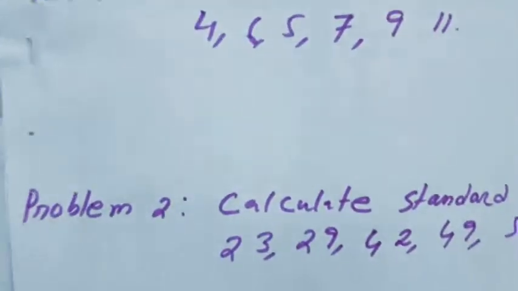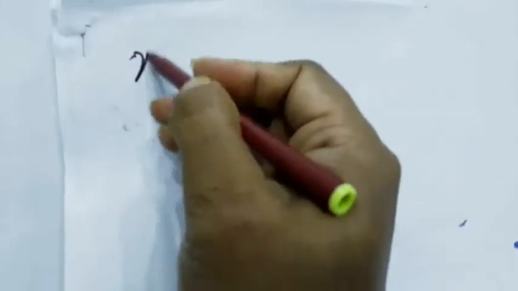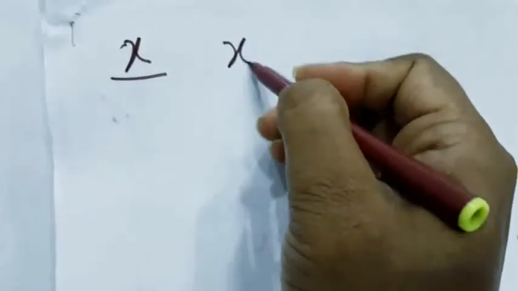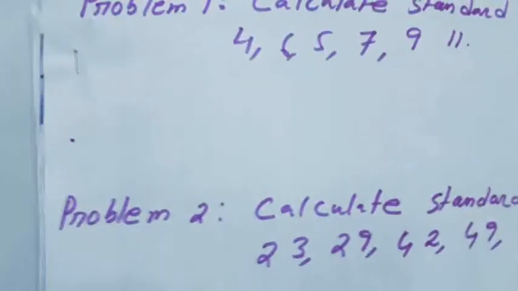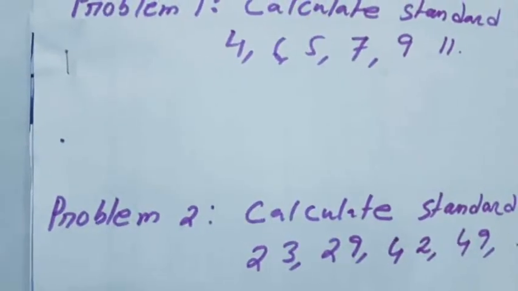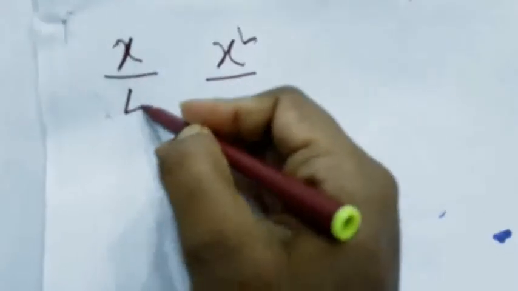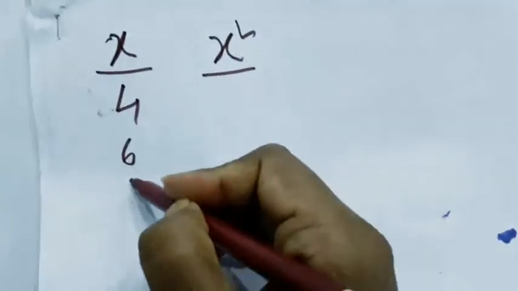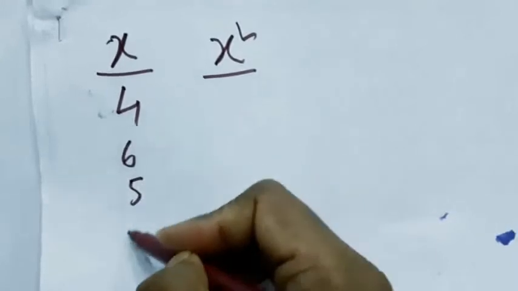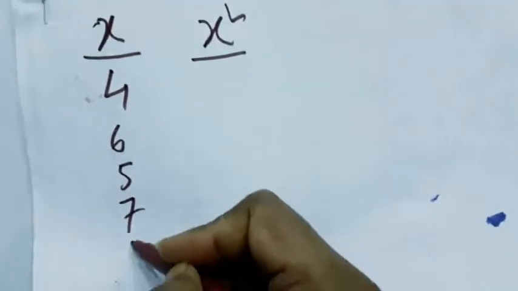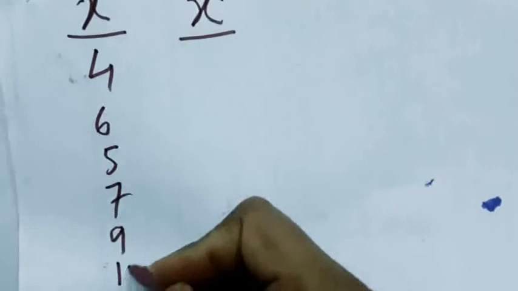How can we do that? Suppose this side we will write x, then this side x square. The data are 4, 6, 5, 7, 9 and 11.